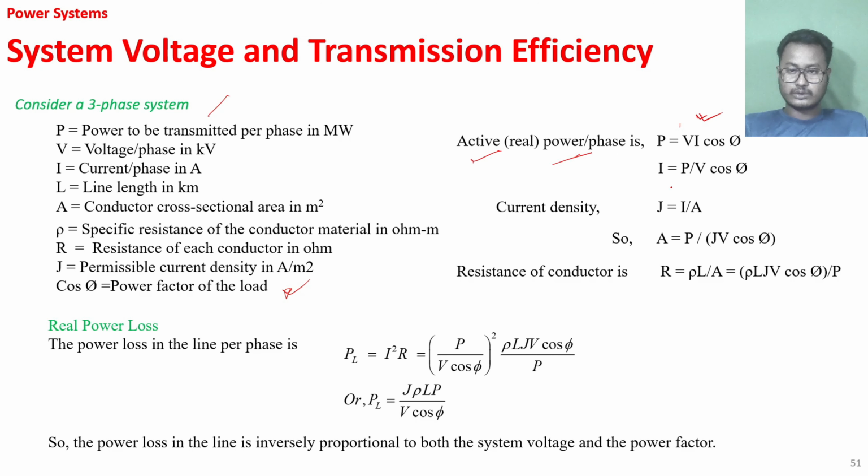From here we can calculate I = P / (V cos theta).